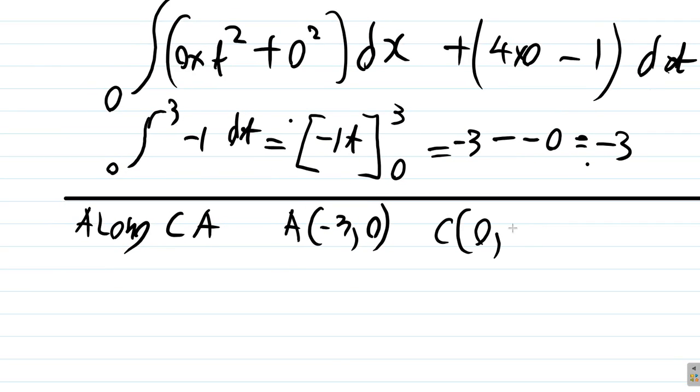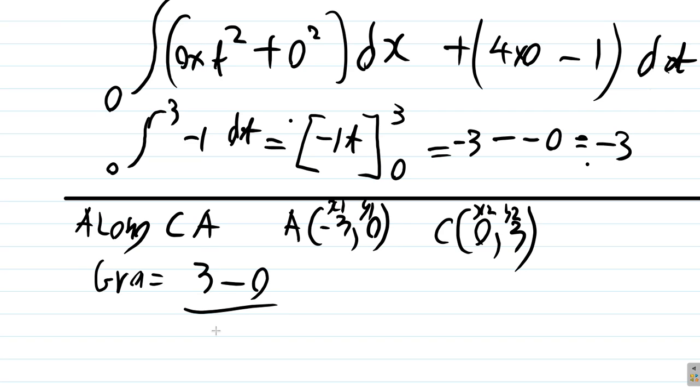If you call this point 1 and say x1, y1, x2, y2, then the gradient is equal to y2, which is 3, minus y1, which is 0, over x2, which is 0, minus x1, which is negative 3. So it's 3 over minus negative 3, which is positive 3, which is 1. So the gradient is 1.